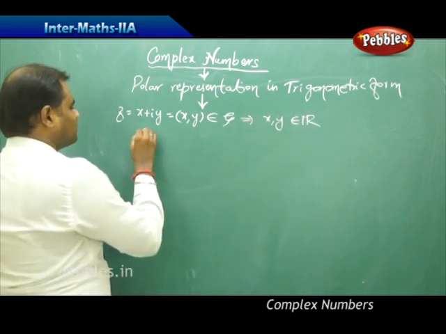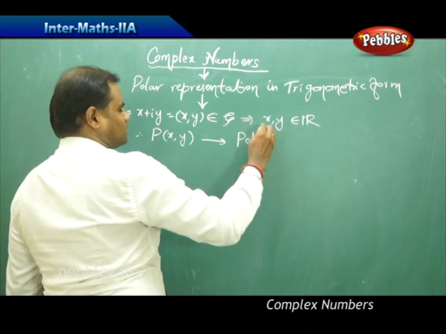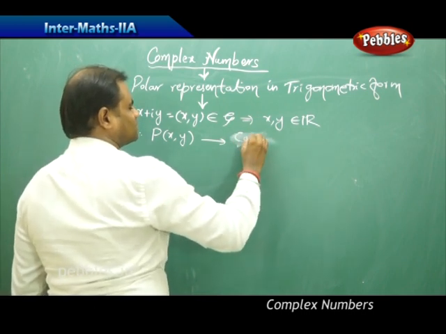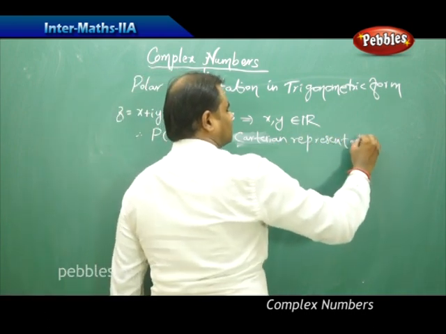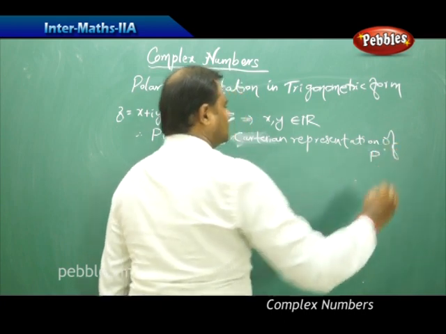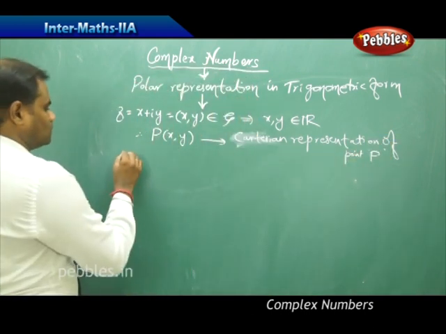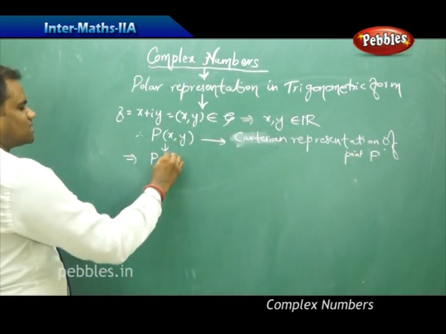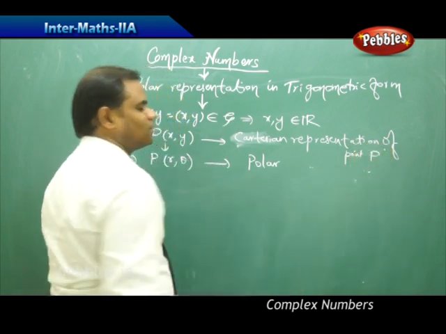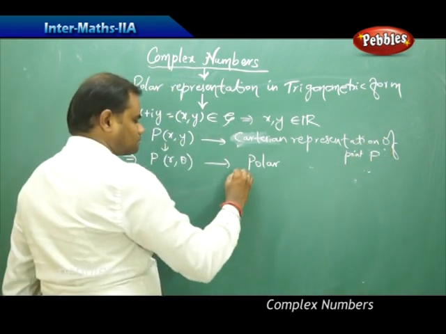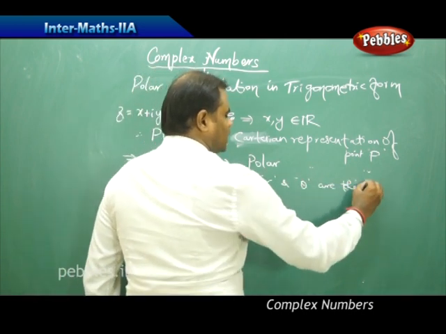Therefore, my point P(x, y) is called the Cartesian representation of point P. Similarly, if I represent this in the form r, theta, this is called the polar representation of point P, where r and theta are the polar coordinates.